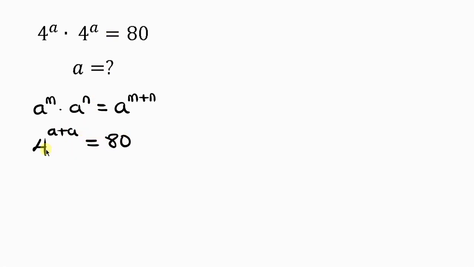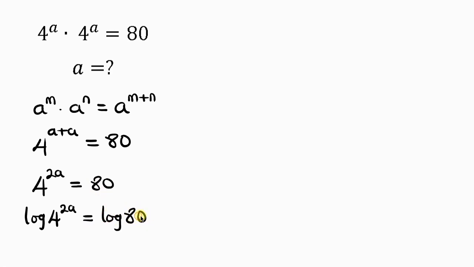So the left hand side now simplifies into 4 to the A plus A, which is 2A, equal to 80. Now, our next step will be for us to take the log of both sides. So I'll take the log of the left-hand side, which is 4 to the 2A, and I'll also take the log of the right-hand side, which is 80.